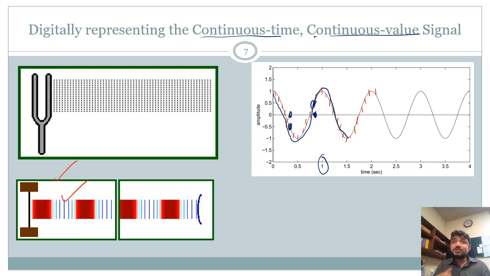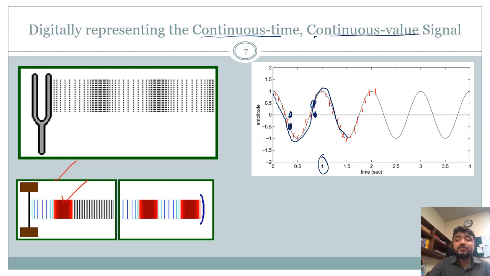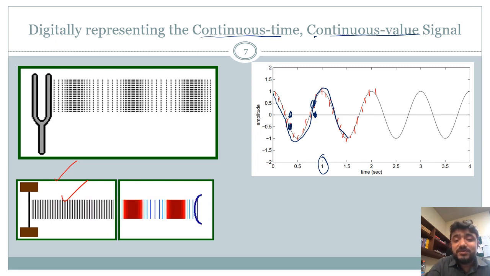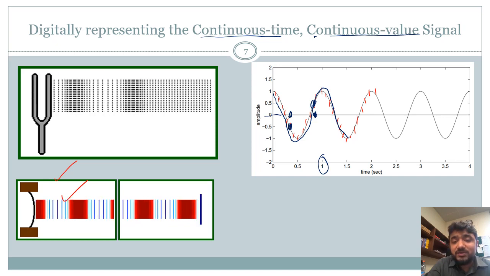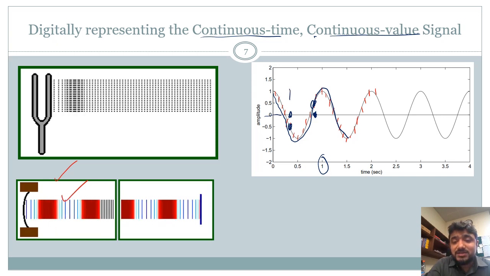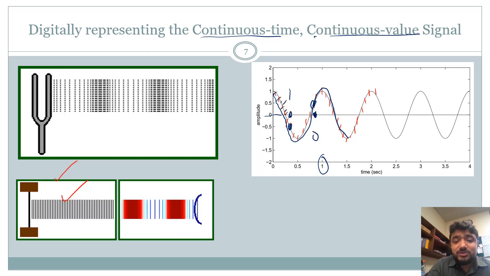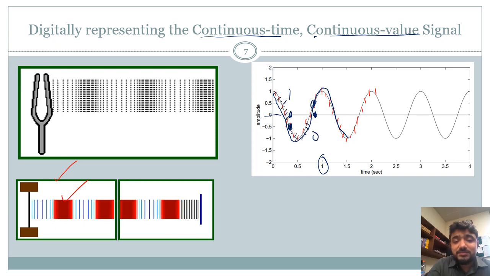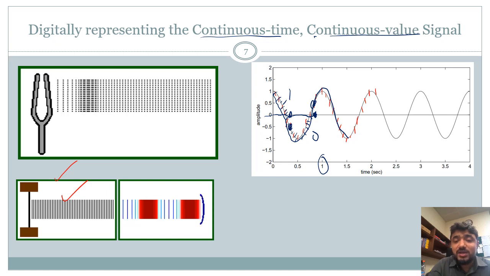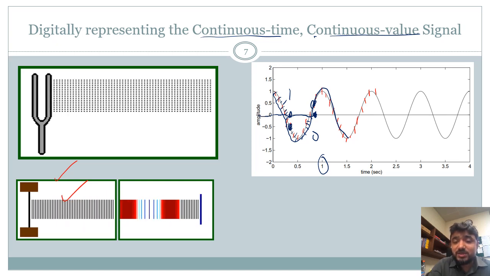If I want to store this information in a single bit, I could define it like, if the amplitude is above equilibrium, I'll call it 1. If it is below equilibrium, I'll call it 0. So everything below equilibrium would be converted to 0, and everything above 0 would be converted to 1.